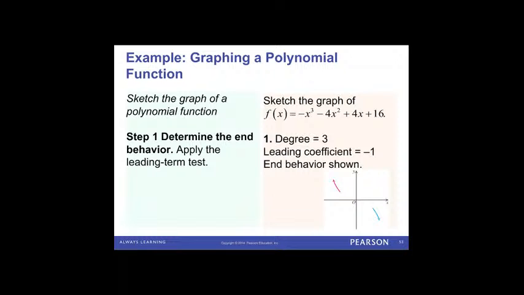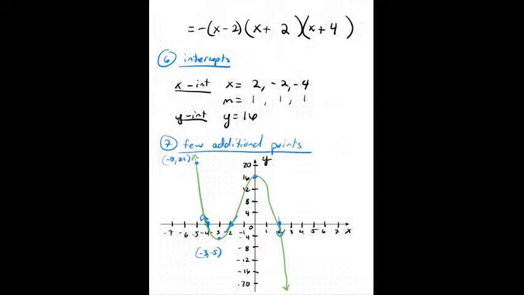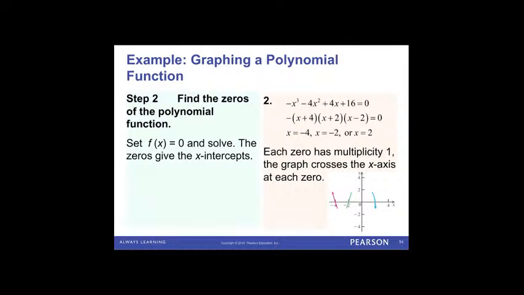So down to the right, up to the left. Then we set it to 0 and solved. So we factored it. Each 0 had a multiplicity of 1, so it's going to cross the x-axis at each of those. So notice it still falls to the right, rises to the left, and it crosses the x-axis at each one.